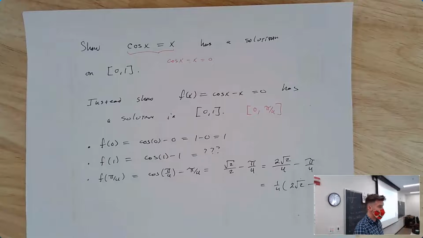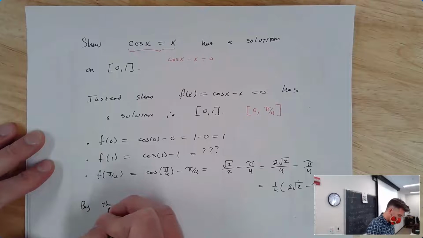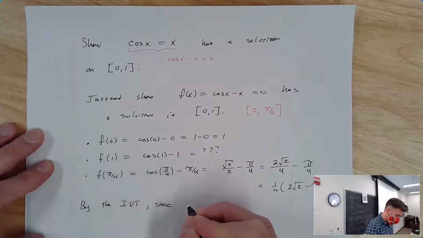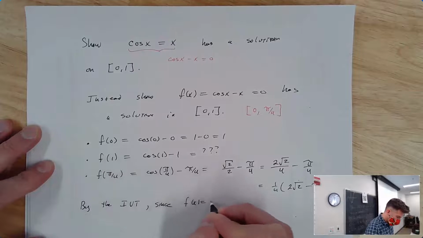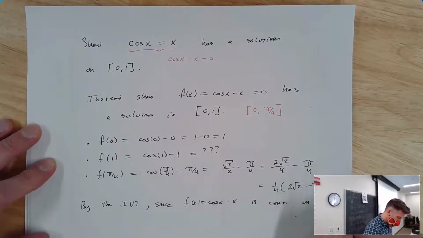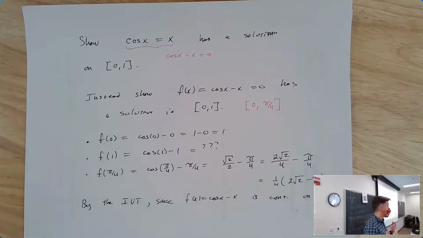So that's one way to go, and it totally works. Then by the IVT, and it is true that f of x equal to cosine x minus x is continuous on the interval from 0 to pi over 4. It's really continuous everywhere. When you add or subtract continuous functions, you get a continuous function.